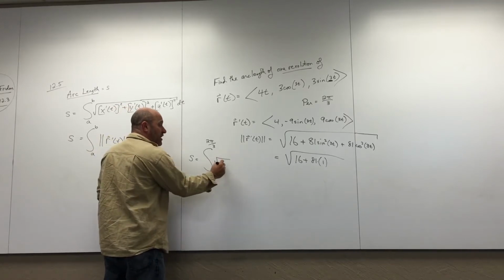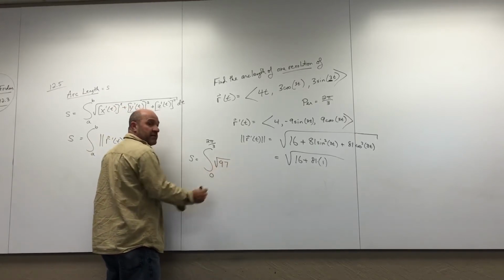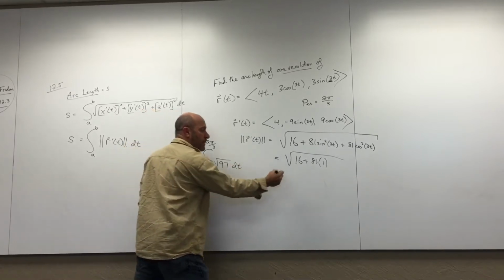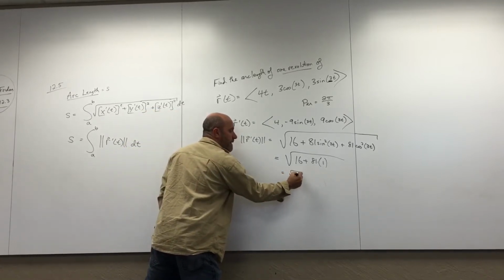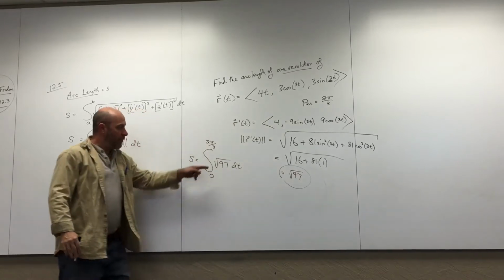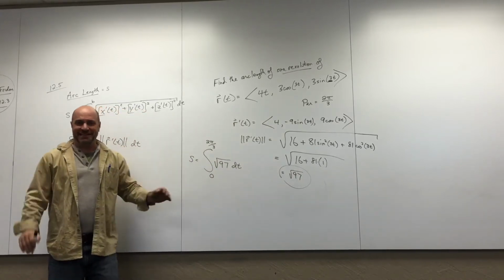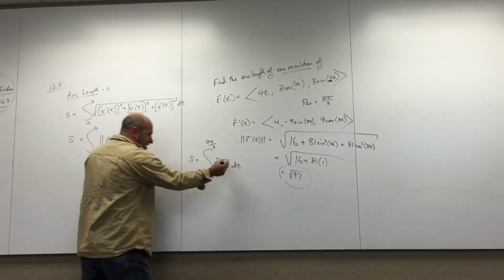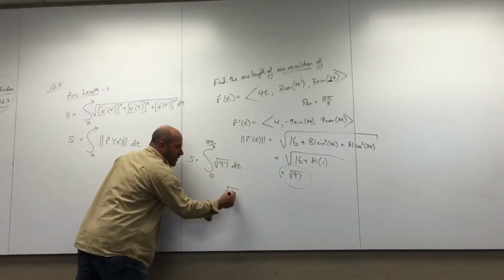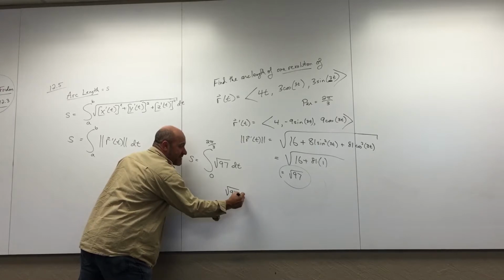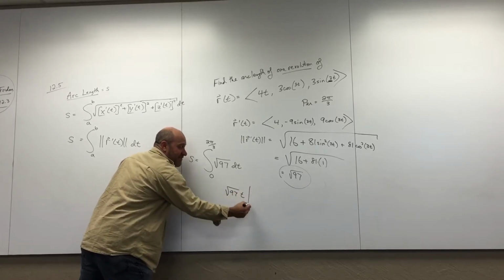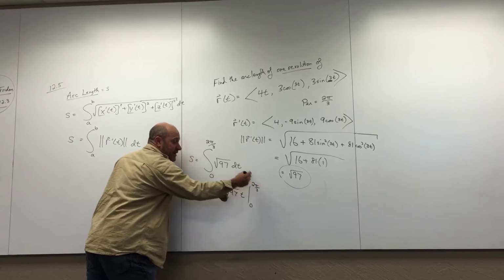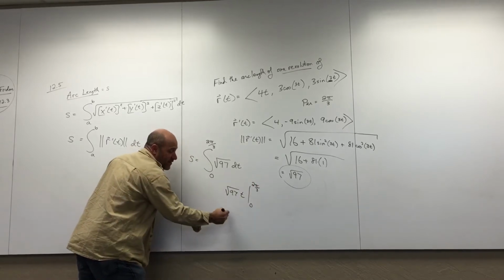And guess what? I want to integrate the square root of 97 with respect to t. So it's just a number. When you integrate with respect to t, you get the square root of 97 t. And you evaluate from 0 to 2 pi over 3, and you plug in 2 pi over 3, and this is a beautiful number.